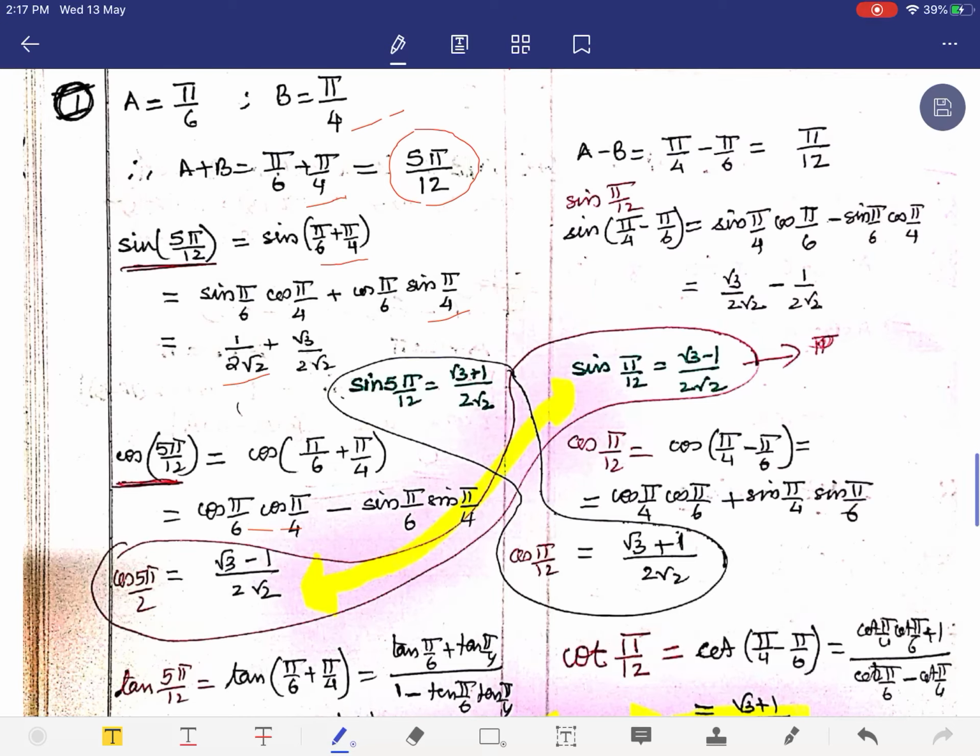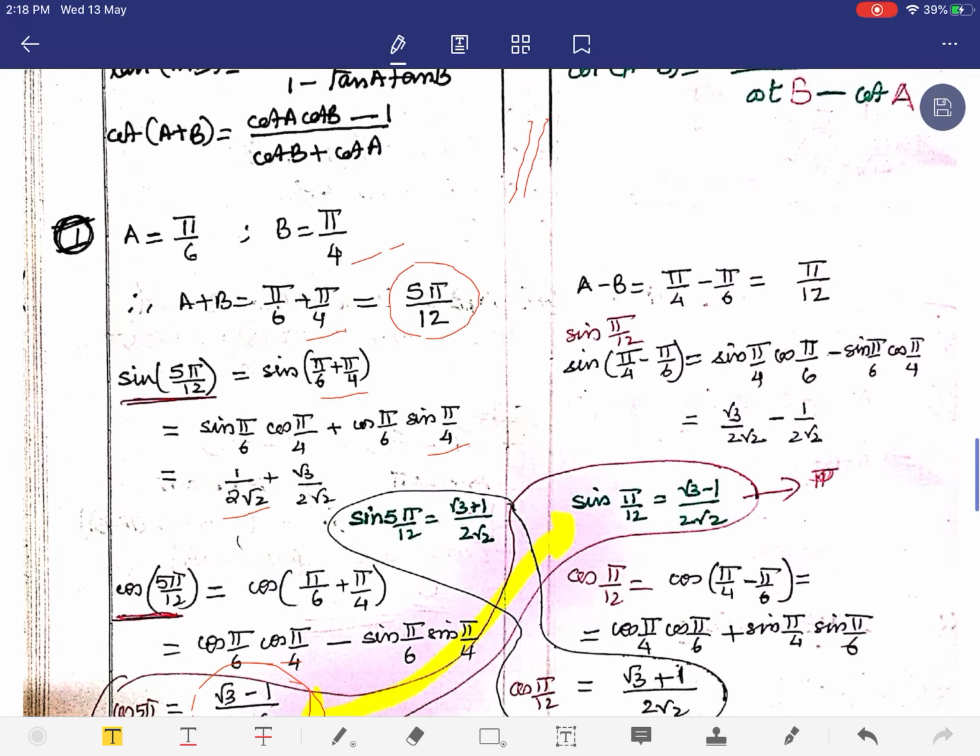So, cos pi on 6 is root 3 upon 2 and cos pi on 4 is 1 upon root 2. Sin pi on 6 is 1 upon 2, sin pi on 4 is 1 upon root 2. So, that can be written together as root 3 minus 1 upon 2 root 2. So, that is with the sum of the angles.